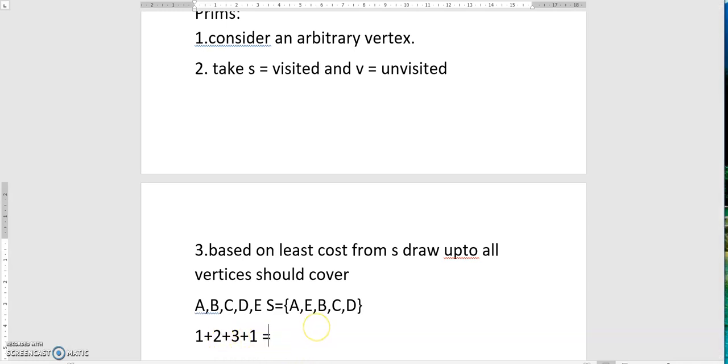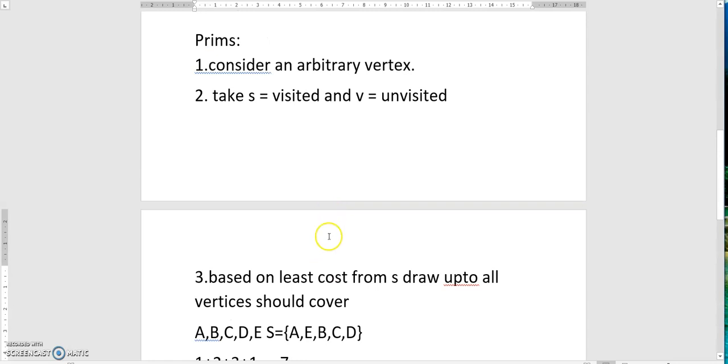So 7 is the minimum cost spanning tree. Okay, by using Prim's we got 7.